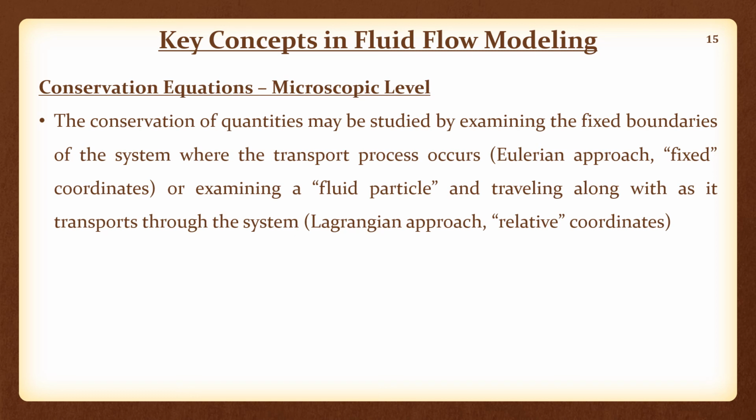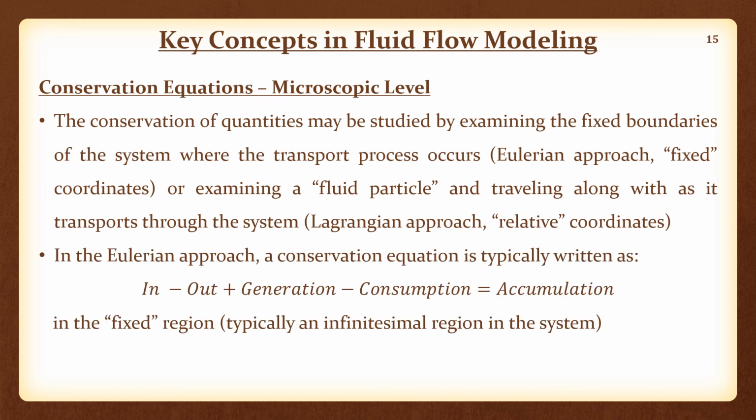That is called an Eulerian approach. Or you can look at it from a moving coordinate system, where you sit on a fluid particle and travel along with it as it is transported through the system. This is called the Lagrangian approach, or relative coordinate system. We will have one lecture where we illustrate the relationship between these two. There is value in doing both. And then you write a conservation equation.